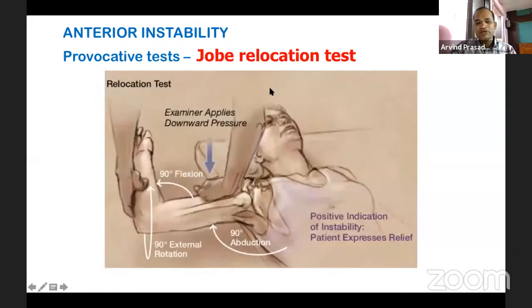Next is the jaw relocation test, in which the patient is supine with 90 degrees of abduction and 90 degrees of flexion, and further external rotation will lead to subluxation of the shoulder joint. When we apply force downward, the shoulder joint gets reduced and the patient will have relief. That's why this is called the relocation test.